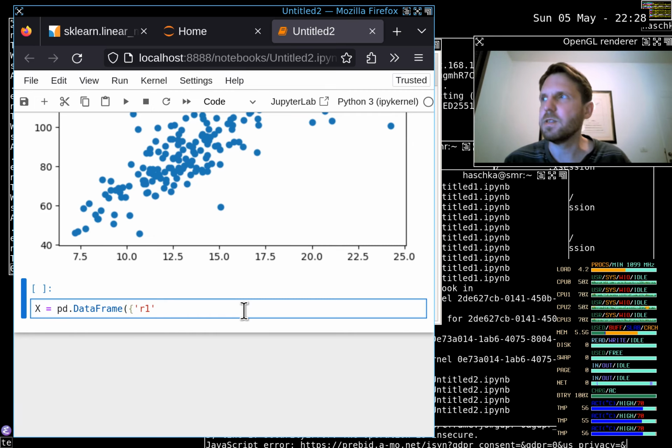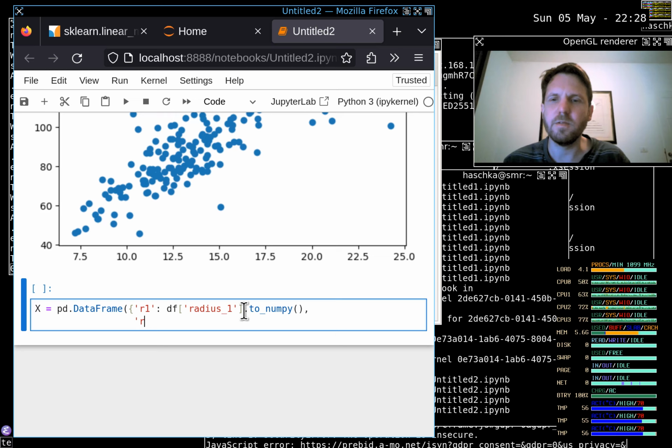So we do here radius 1, and we can say data frame radius 1, and we have the radius 2, and we see here that we can take the data frame of the radius 2 in this kind of dictionary nomenclature.